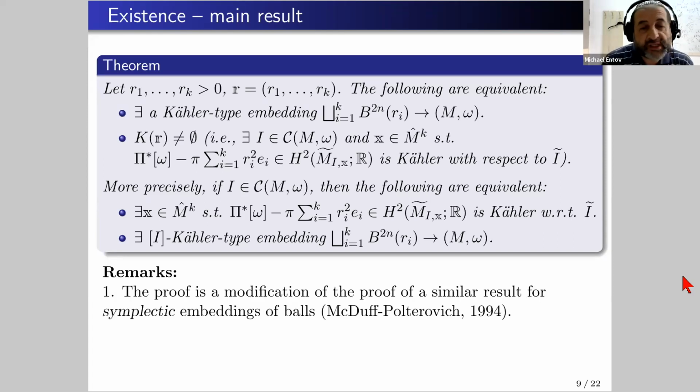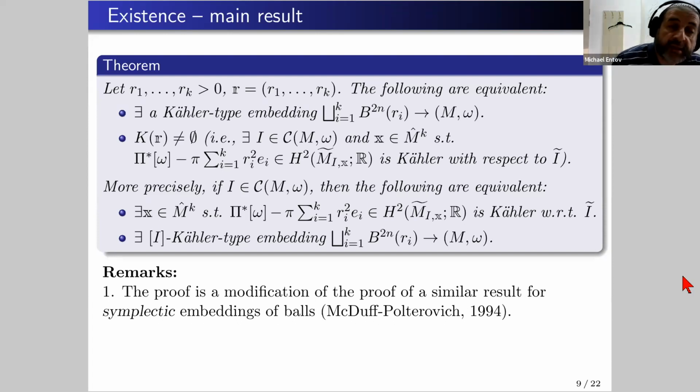A few remarks. The proof is a modification, not really a straightforward one, but rather direct if you know what you are doing, of the proof of a similar result for symplectic embeddings of balls due to McDuff and Polterovich from 1994.